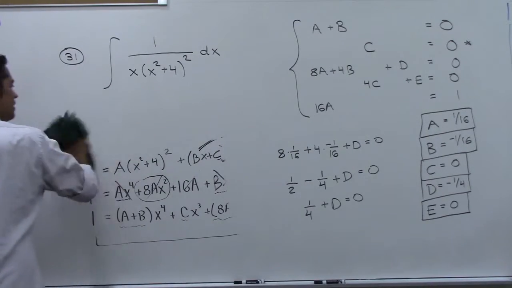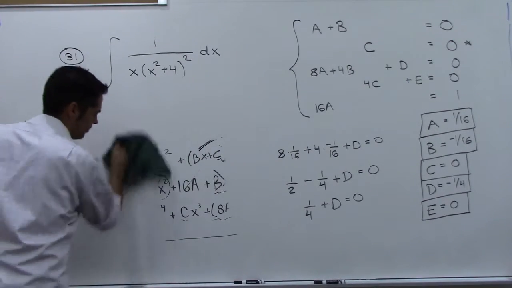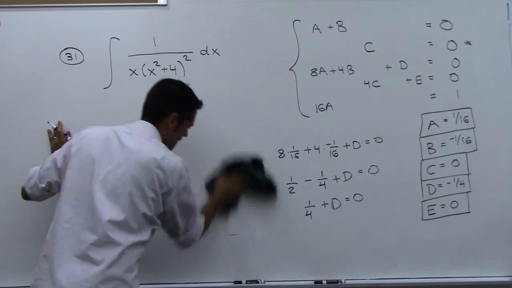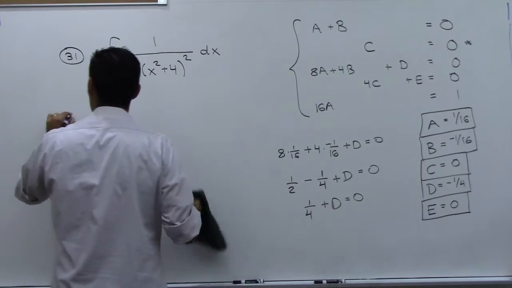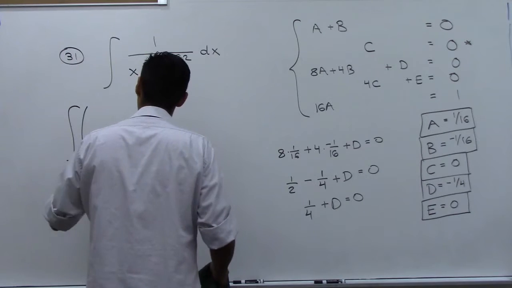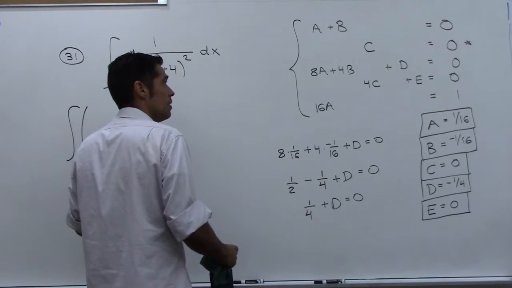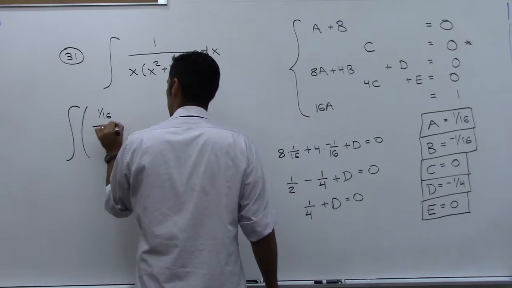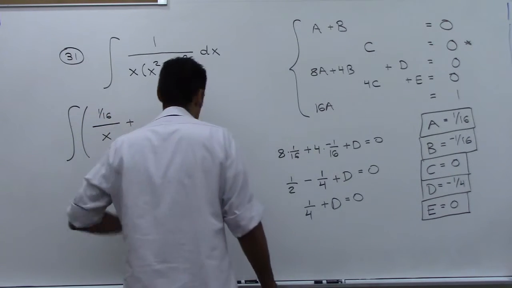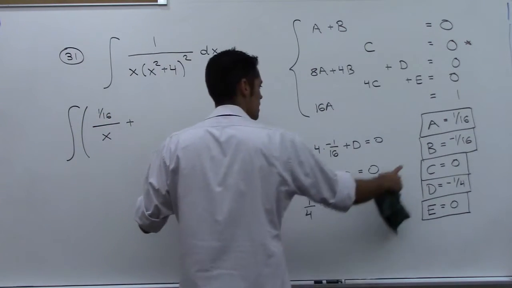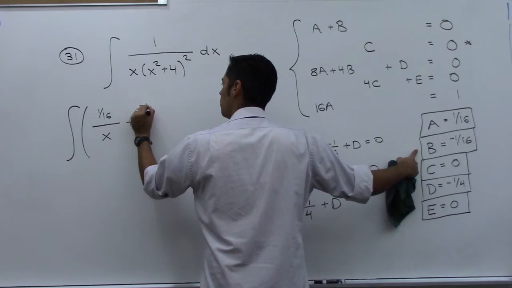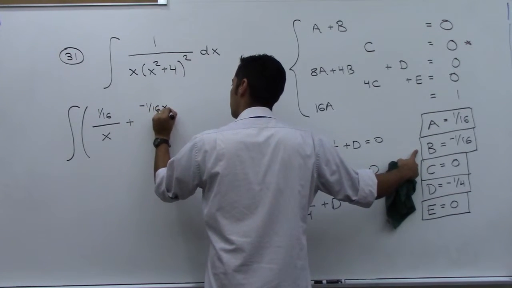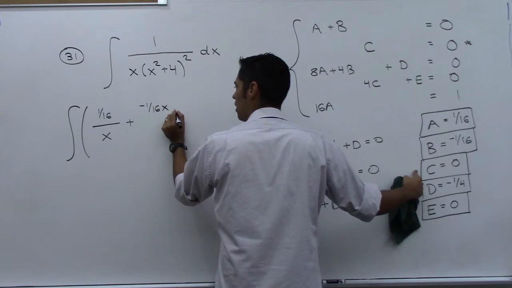Now I rewrite the integral to become integral. All right, it was a over my distinct linear factor. So 1/16 over my distinct linear factor plus. Now bx, negative 1/16 x plus c, but plus nothing.